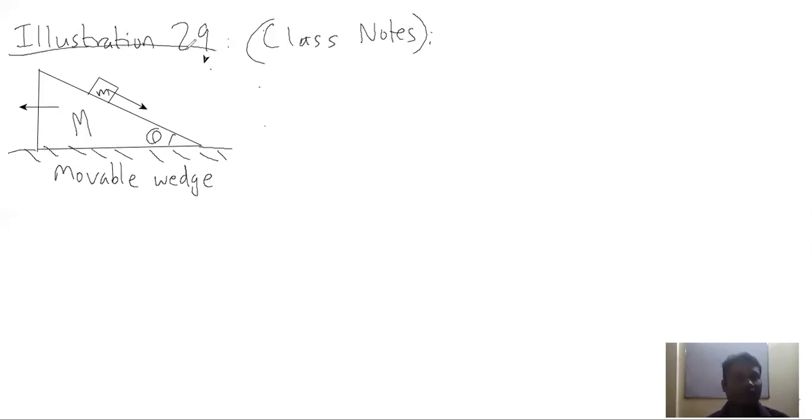Let us see how we apply the constraint equation here. After some time, what will happen? Let us consider the initial position and final position of the wedge. For better understanding, let me show it again. Suppose this is the initial position in blue color.